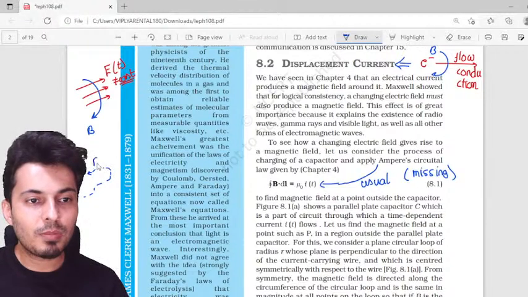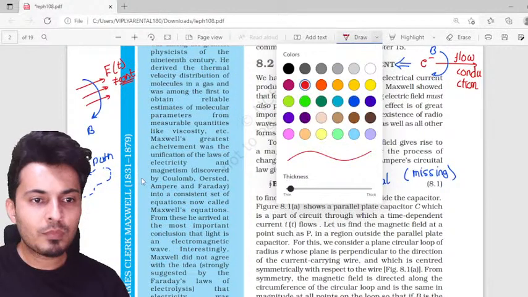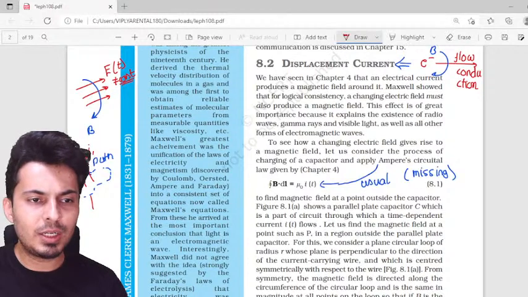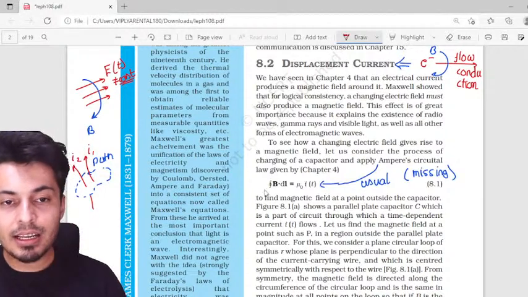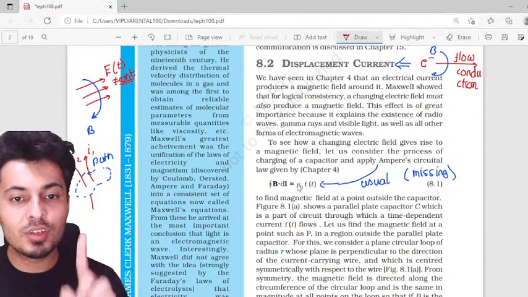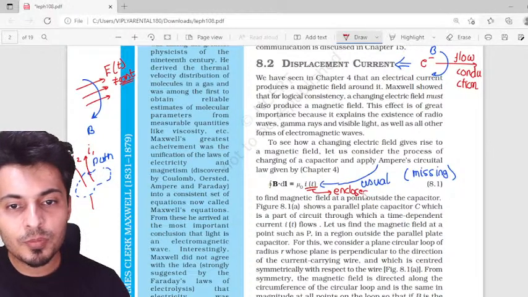And if you remember correctly, there are some current carrying wires inside that path, I1, I2, etc. So the integral of B dot dl, B at every point dot dl, gives you mu naught into I. This I is nothing but your enclosed conducting current.